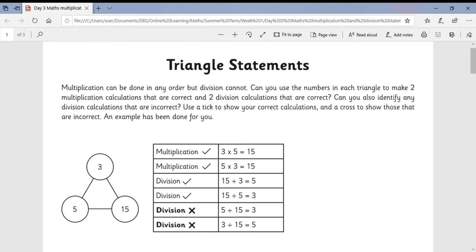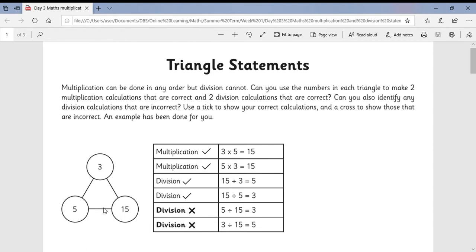So, as you've got here, you can see in the example, they have made 2 multiplication statements using the numbers in the triangle, 2 division statements, and they've also made 2 incorrect division statements on purpose and put a cross next to them to show that they know that they are incorrect. Finally, it says use a tick to show your correct calculations and a cross to show those that are incorrect, as in the example. So this is what we call a triangle statement.